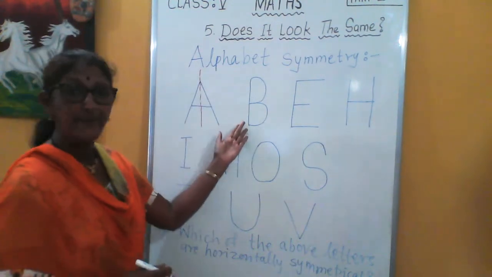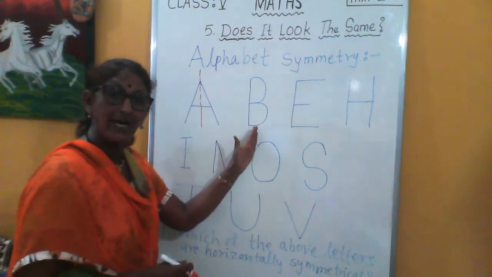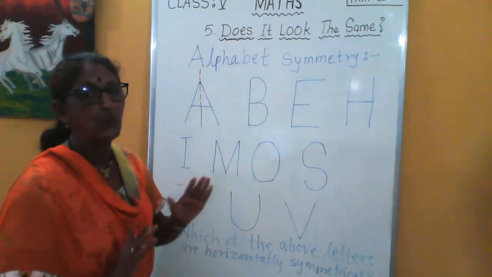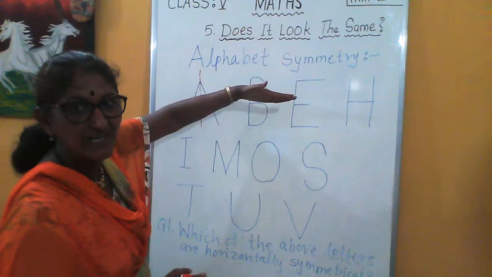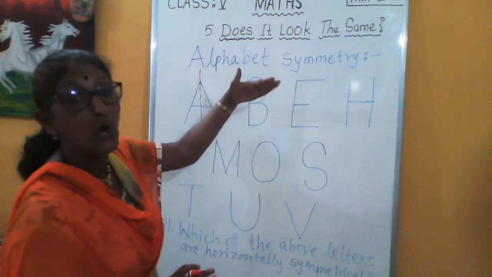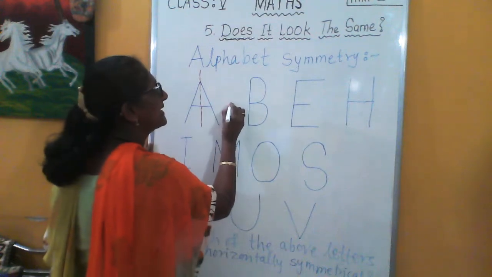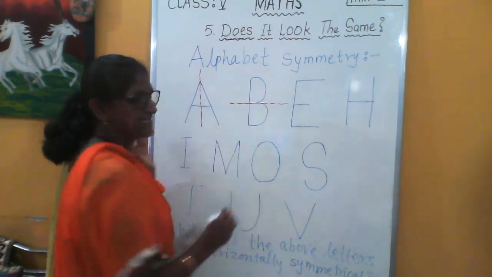Suppose the letter is B. Now, can we draw a line of symmetry vertically so that it is divided in two? No, here the case is different. Here we have to put a line of symmetry horizontally. Only then can we divide this B into equal parts.